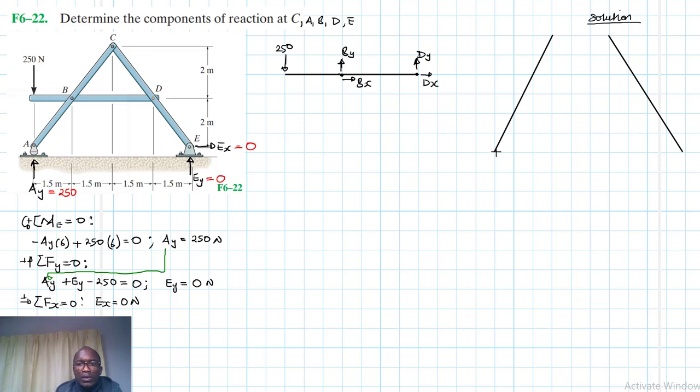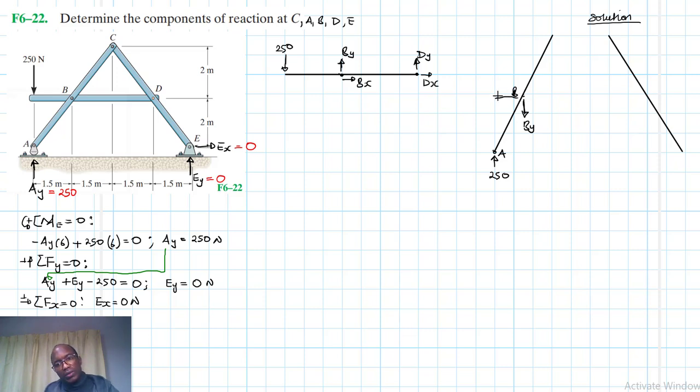At that point, we've already found one reaction force, which is 250. This point is A. Then at B, we just expect the opposite, like so, BY, and then another one like so, BX.